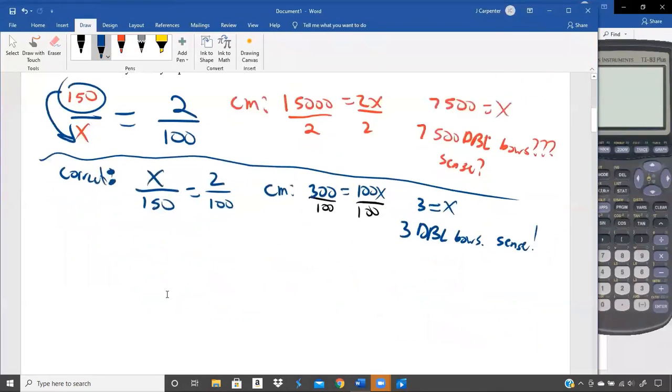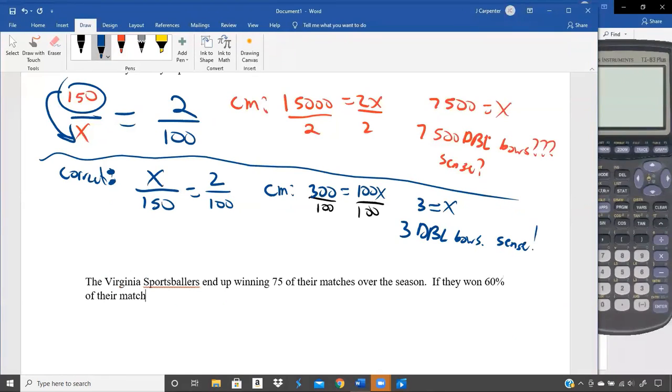All right. Virginia sports ballers end up winning 75 of their matches over the season. They won 60% of their matches.